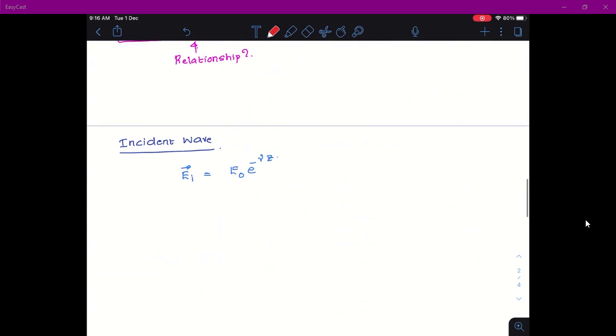So I can write this as E0 e raised to minus gamma 1 Z into e raised to j omega t, the real part, Ax cap.